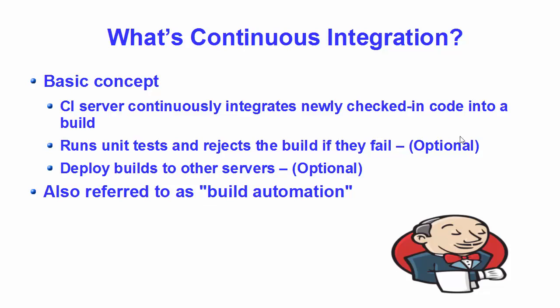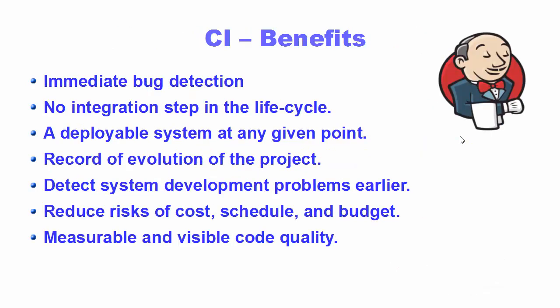Now let's talk about some of the benefits or advantages of a CI system. A CI system enables immediate bug detection. A bug will be detected if some test fails or your build fails, and then the CI system is going to deploy your code if your test and your build pass. So at any given point you have a deployable system.